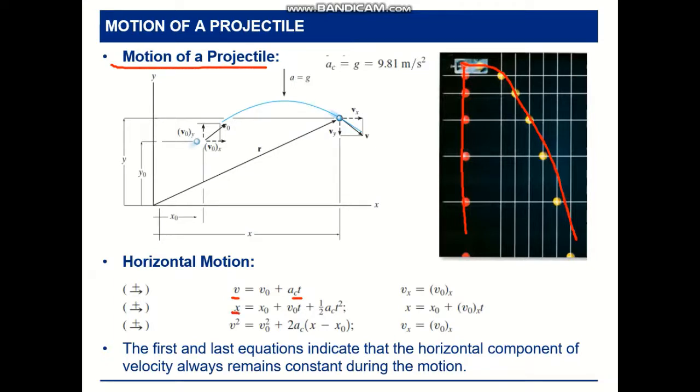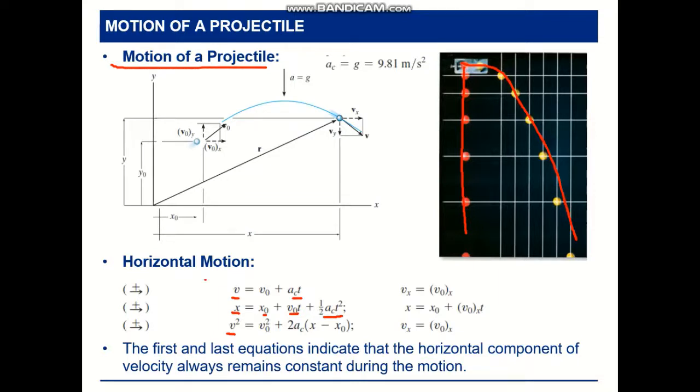The position is the first position plus the initial velocity multiplied by time, plus the acceleration times time squared, times 1/2, the half of it. And the last one, we had three equations. The last one is the velocity squared: the final velocity squared is equal to the initial velocity squared plus 2 multiplied by the constant acceleration, of course, and the subtraction of final and initial position.